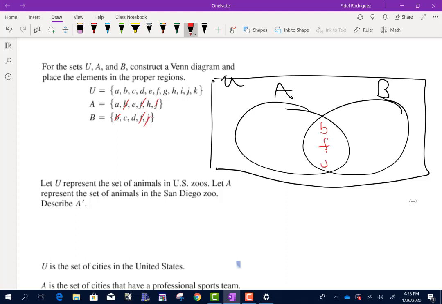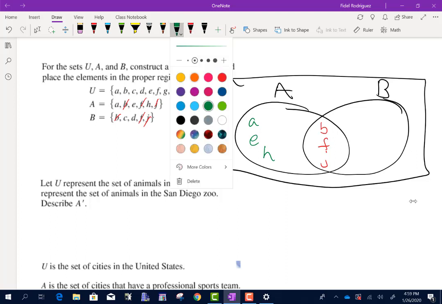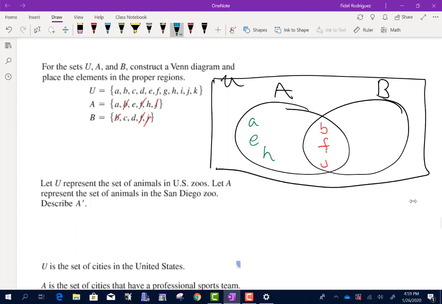Okay. Now, let's pick the letters that are only in the set A. Well, the letter A is, the letter E is, the letter H is, okay. And let's pick letters that are only in the set B. Well, the letter C is, the letter D is, okay. And now what we're going to do is come back to the universal set, and I'm going to start scratching out the letters that we've used.